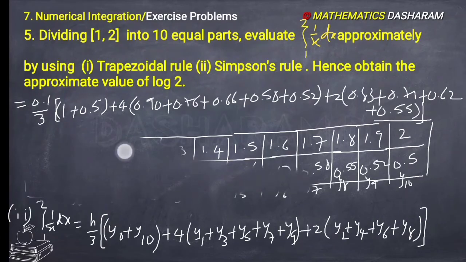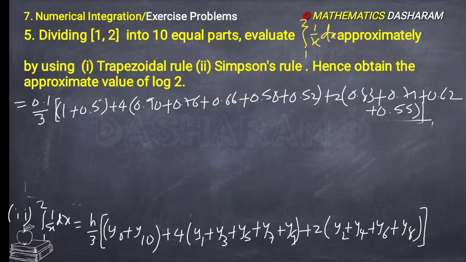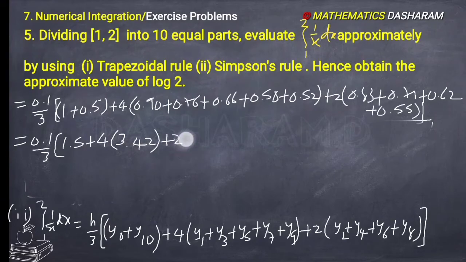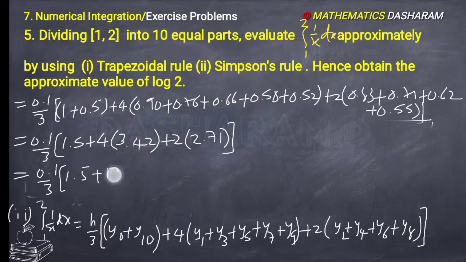So let's simplify this. It equals 0.1 divided by 3 times (1 plus 0.5 is 1.5, plus 4 into the addition of all these numbers, 3.42, plus 2 times the addition of all these numbers, 2.71). Now it is 0.1 divided by 3 times (1.5 plus 4 into 3.42, which is 13.68, plus 2 into 2.71, which is 5.42).